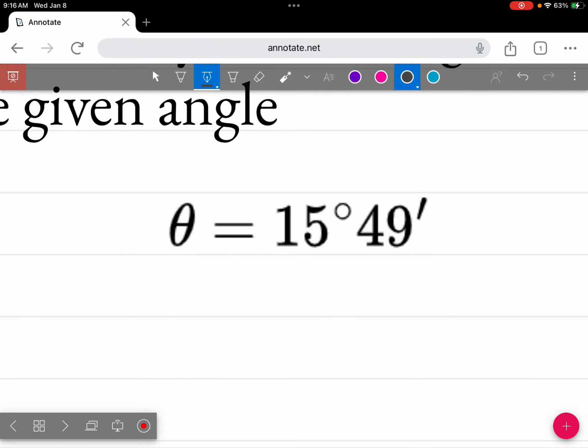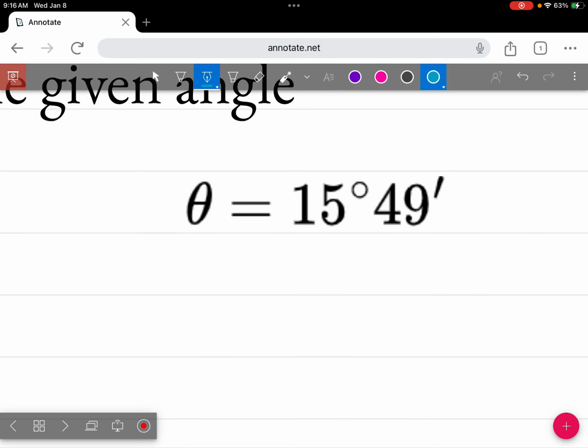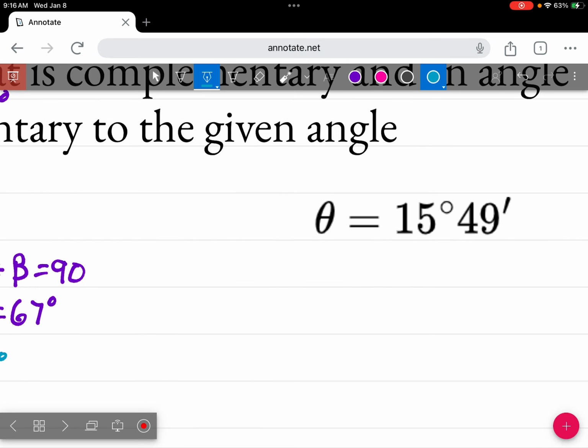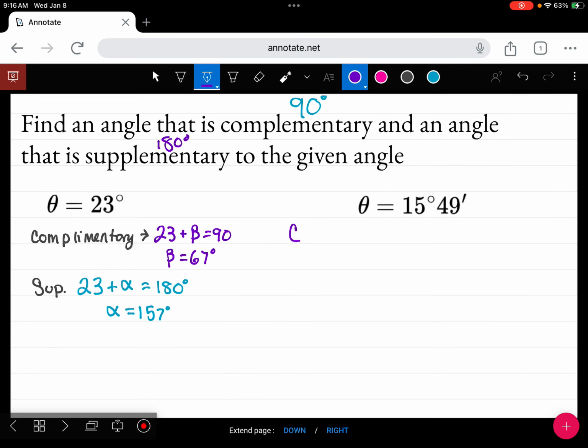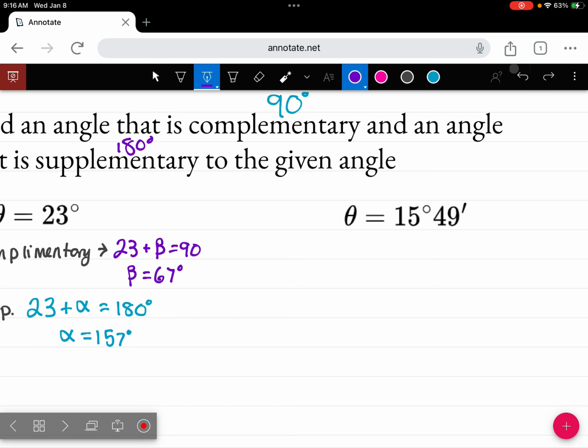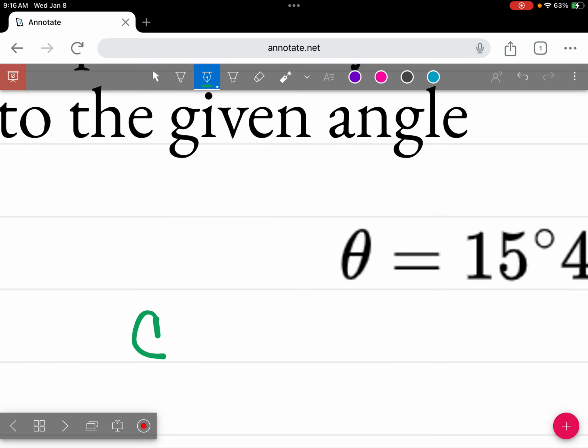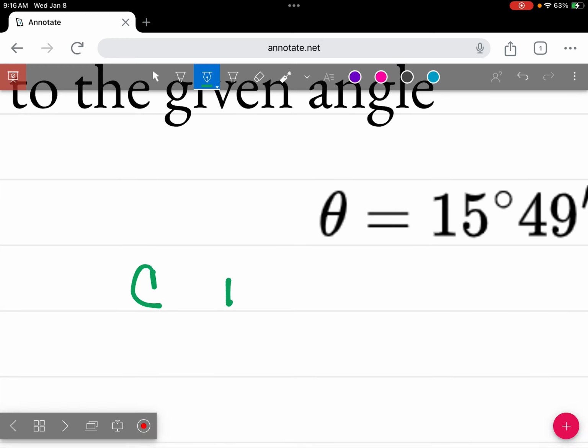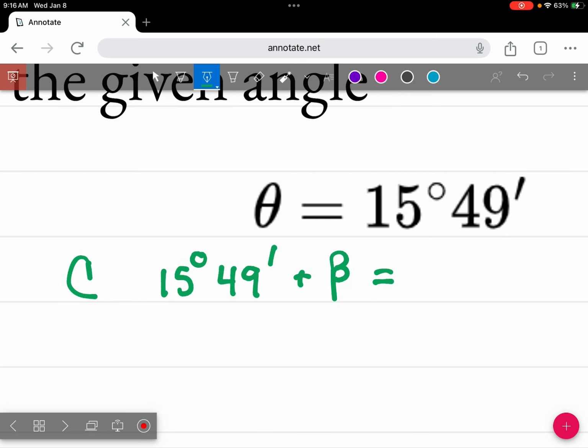Because what we're doing here on this 15 degrees and 49 minutes, looking for our complementary angle, which I'm just going to mark as C. Oh, I love that I have them switched from the top, so let's just change to a different color. So our complementary angle, that's when we have our 15 degrees, 49 minutes, plus something, I don't know what yet, equals our 90.